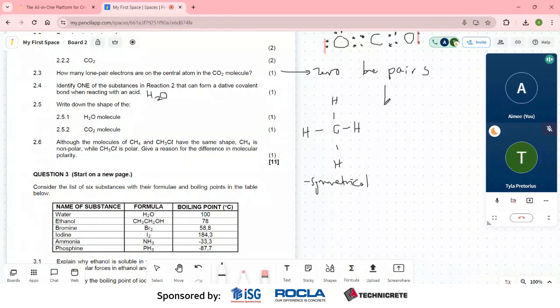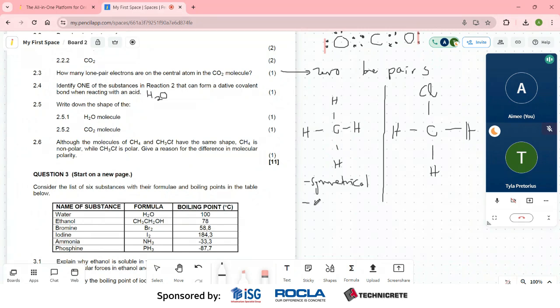Okay, now we draw the same thing but with CH3Cl. So remember, one of the key indicators of a polar molecule is the fact that it is asymmetrical. It means that for some reason, this molecule is not the same all the way around. Okay, so here you can see the same, the same, the same, the same.